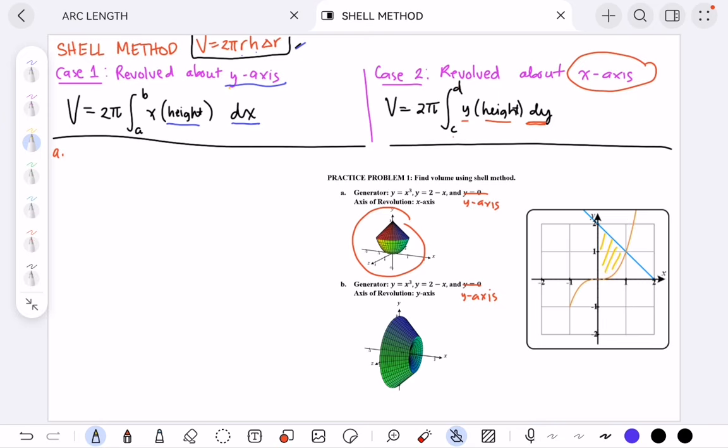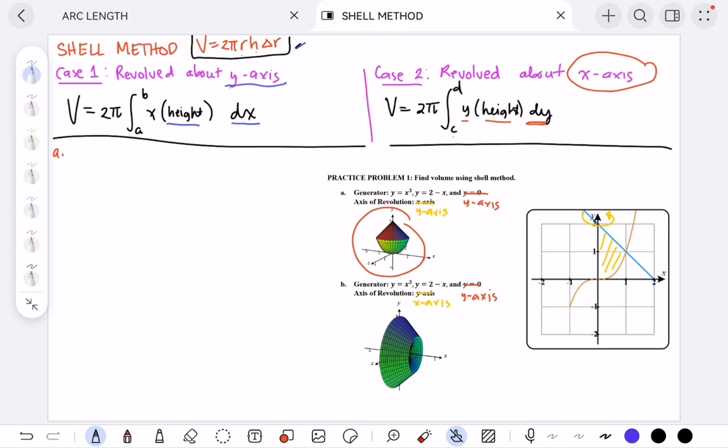For part A, this is revolved with respect to the y-axis. So the given solid will match, and this should be the x-axis. So the shaded region is revolved with respect to the y-axis.